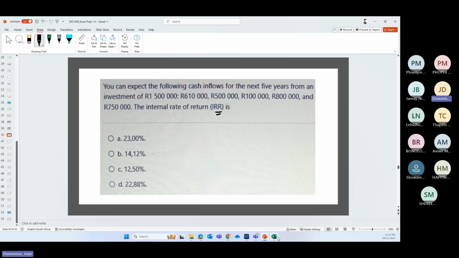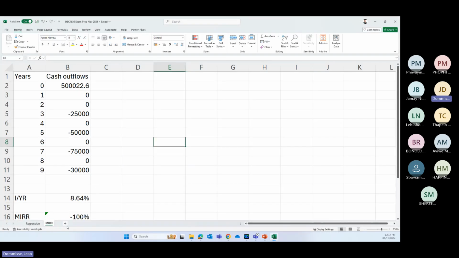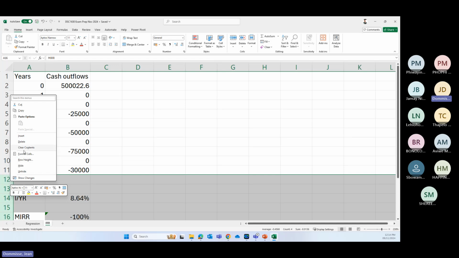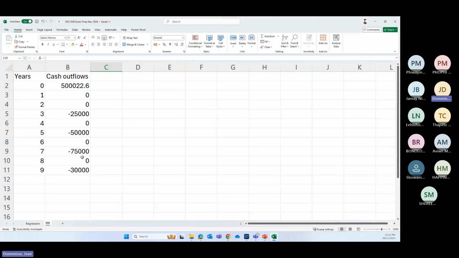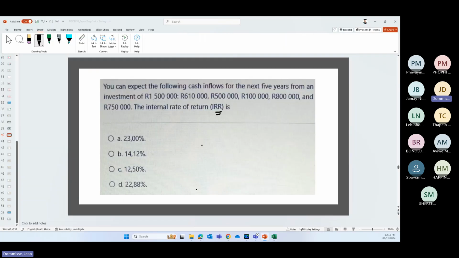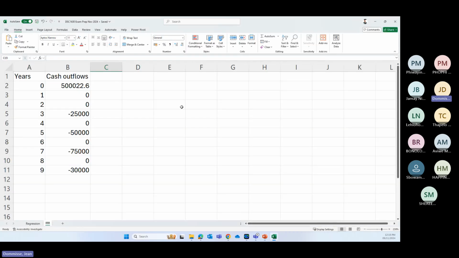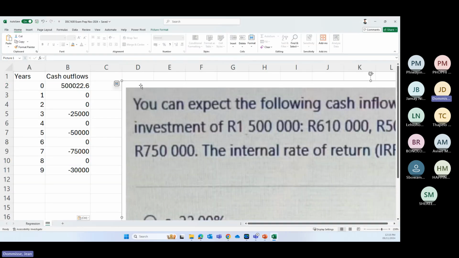But for now, let's do internal rate of return on this one. I will add at a point something for you on MIRR as well. Okay, so internal rate of return, let's copy this question in so that you have it.